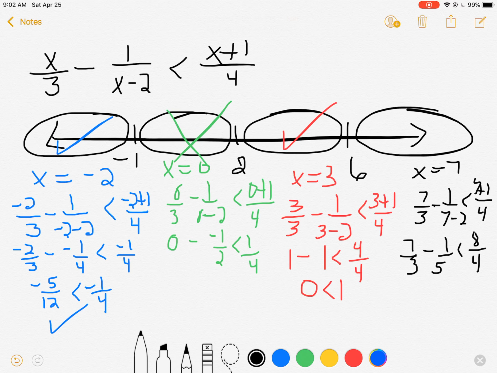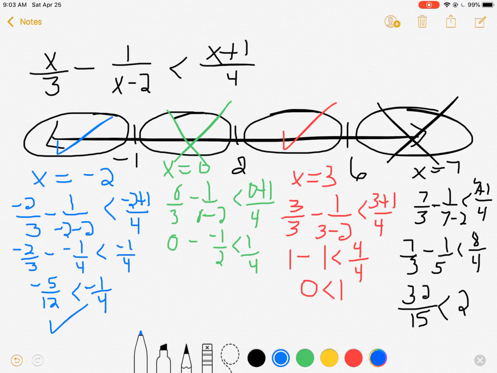So simplifying 7/3 minus 1/5, I get 32 over 15. Is that less than 2? Well, 32 over 15 is more than 2, so that doesn't check.